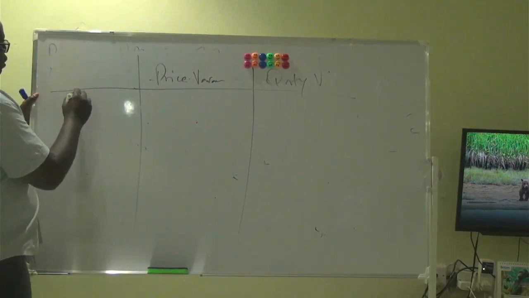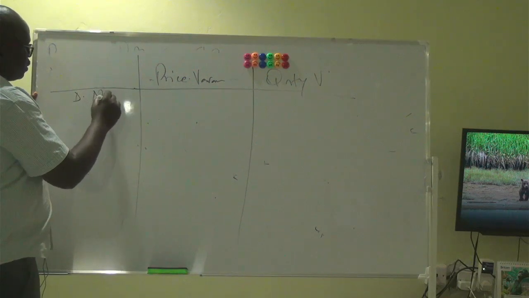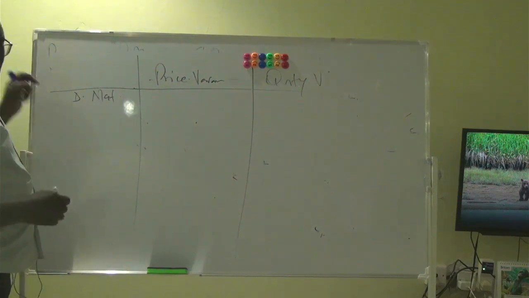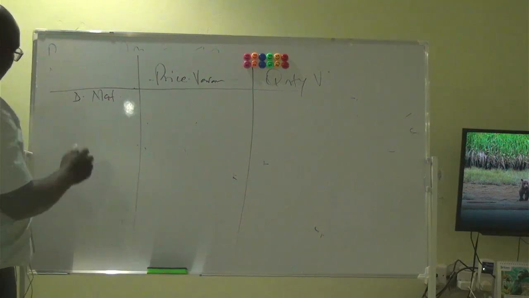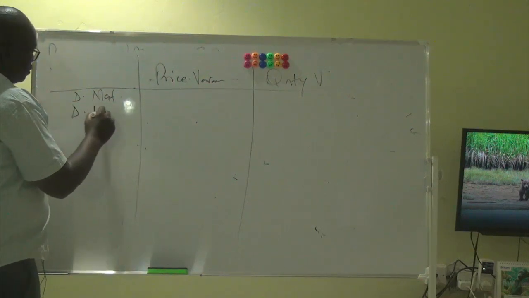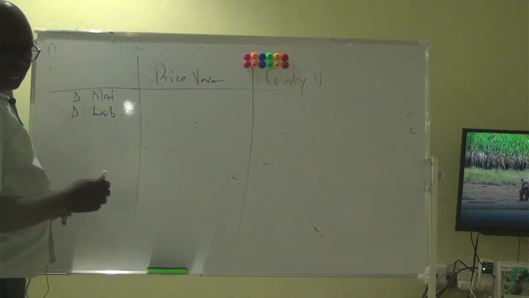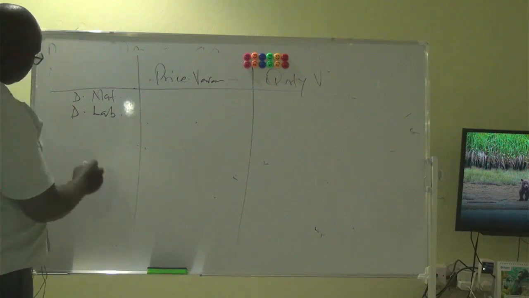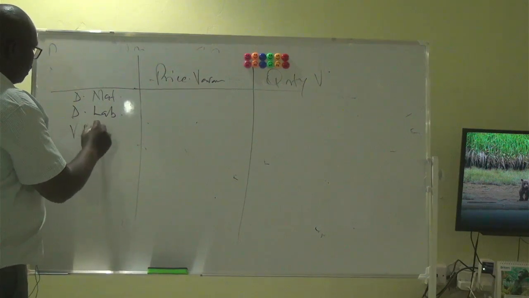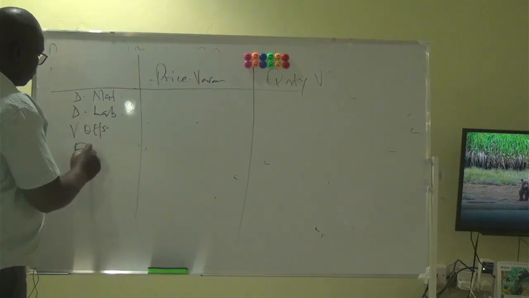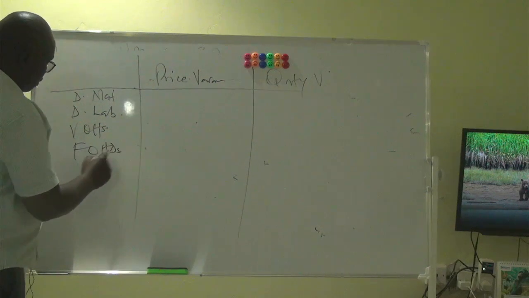So we have one, the direct material. We have the direct labor. Then we have, of course, the variable overheads, and then the fixed overheads, and then they bring in the element of sales.